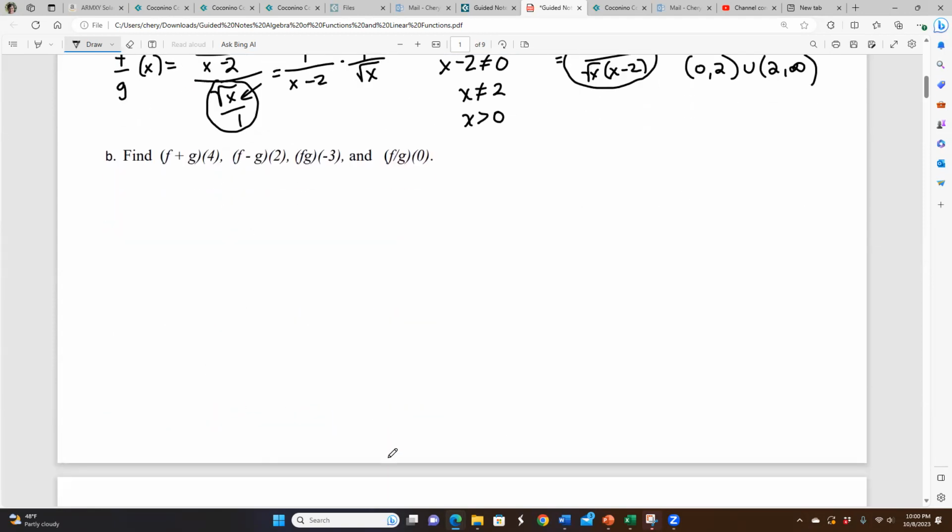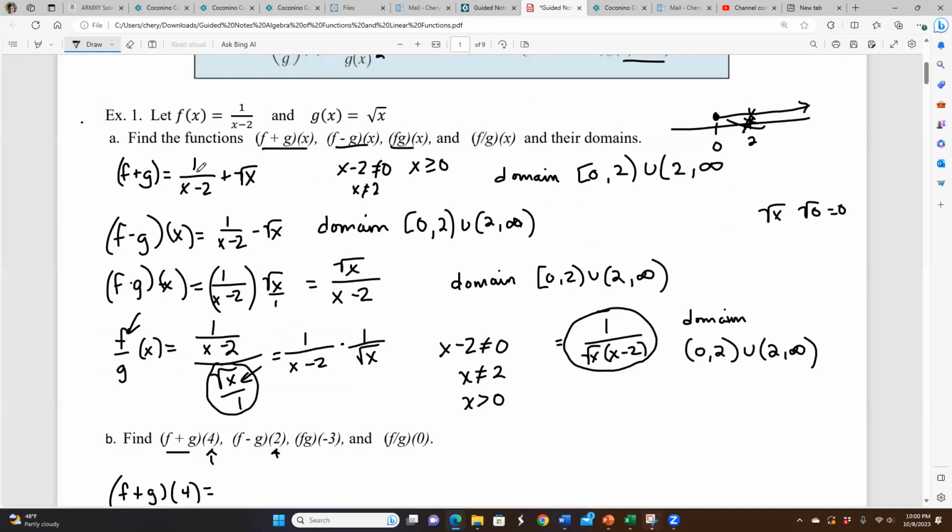Here, they want us to put values into these functions that we have. So if we're doing f plus g of x, and we want to substitute a 4 in, we already found what the f plus g function looks like. I'm going to move this up.